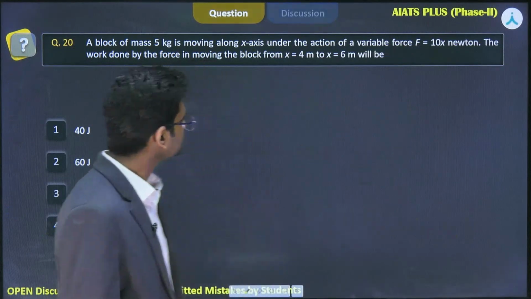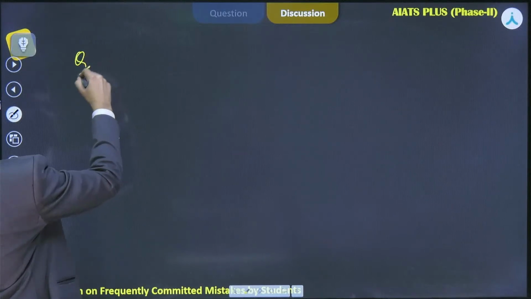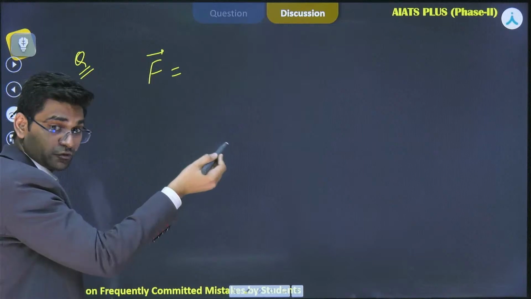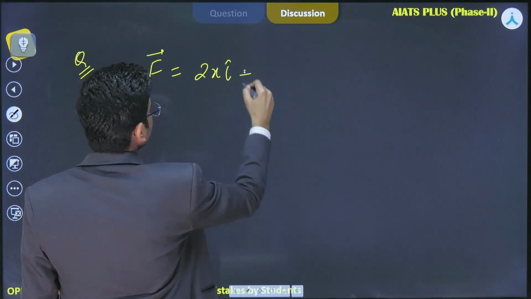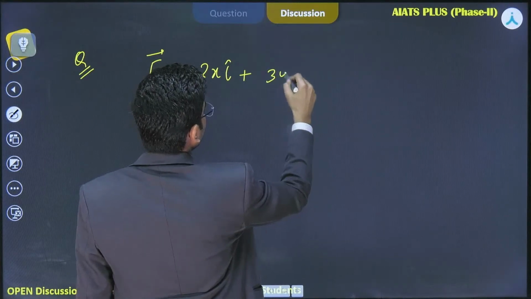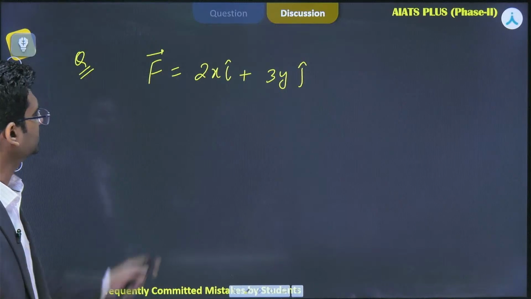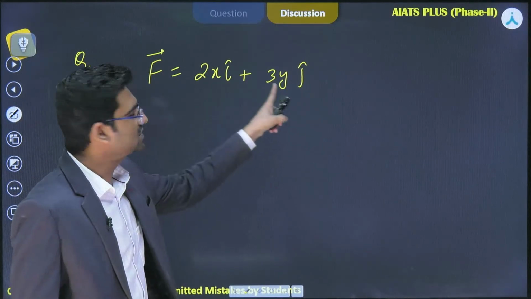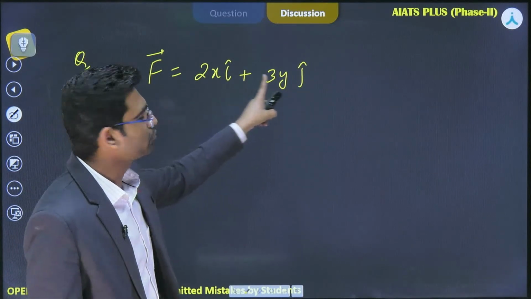Now tell me, if there is another question, let's say a variable force is given, and that is equal to 2x i cap plus 3y j cap. We are taking this force in 2 dimensions only, and both the components are variable.